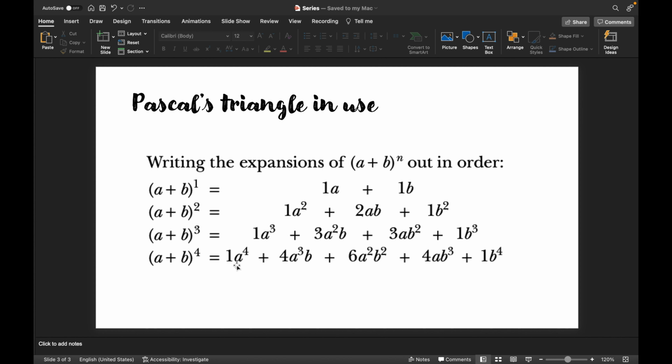And here the powers are 4, 3, 2, 1, 0. The power of the first element in the brackets will keep going down. It will be like 4, 3, 2, 1, 0. So whatever the power is, you have to multiply it here also.